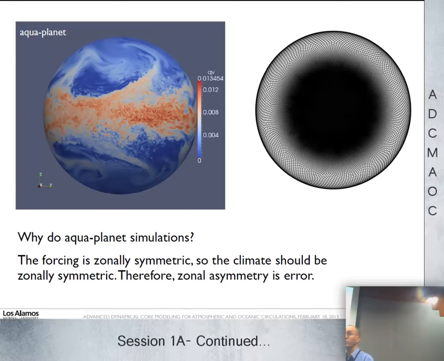Let's say we're just doing the dry primitive equations. As I'll talk about tomorrow, this cell is treated exactly the same as that cell. Every cell on the mesh is treated exactly the same. It doesn't know whether it's part of a global quasi-uniform mesh or in a mesh transition zone.